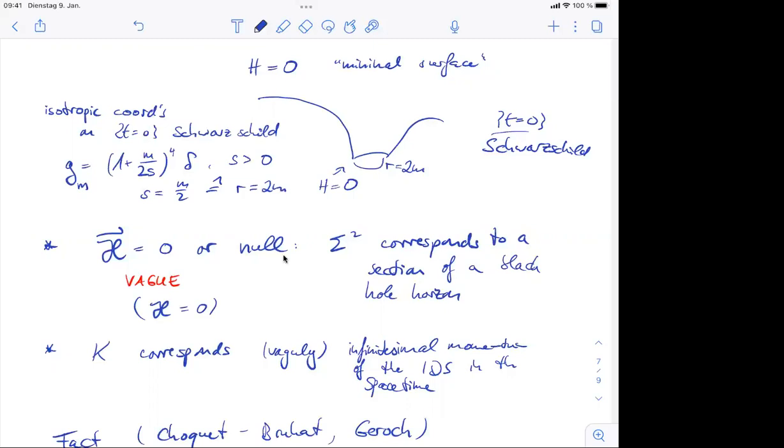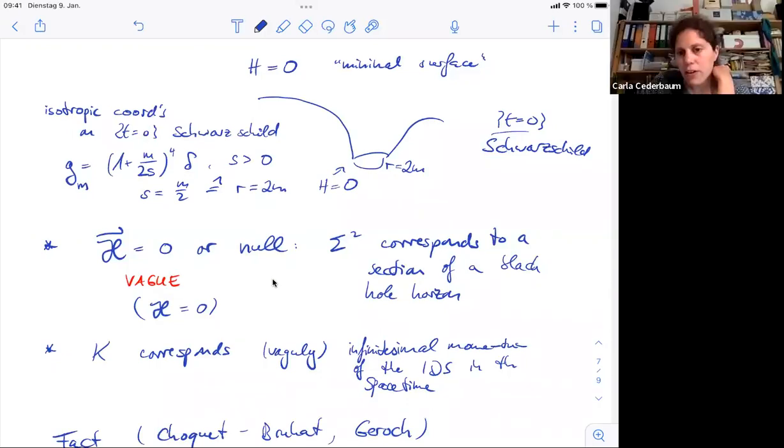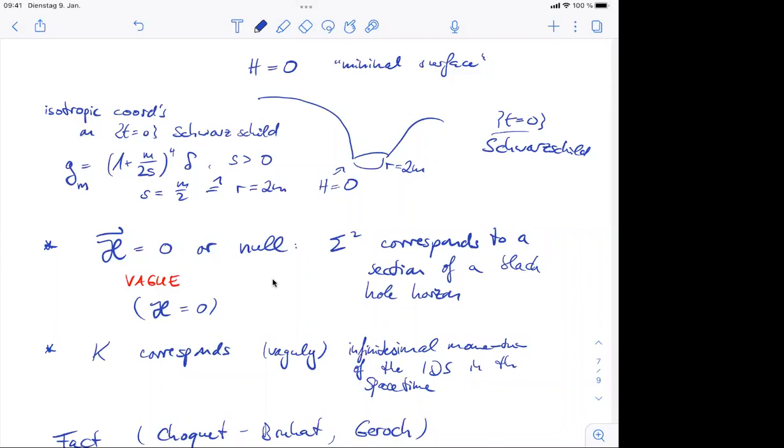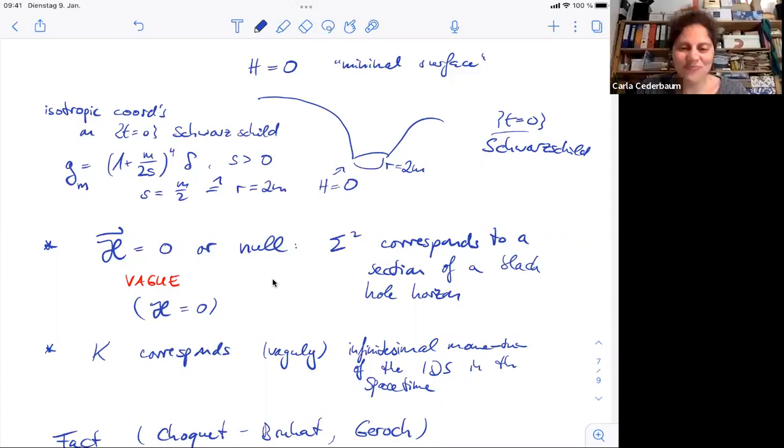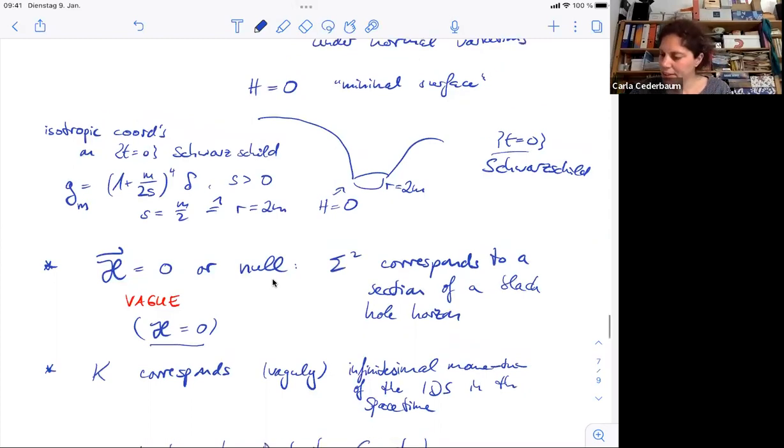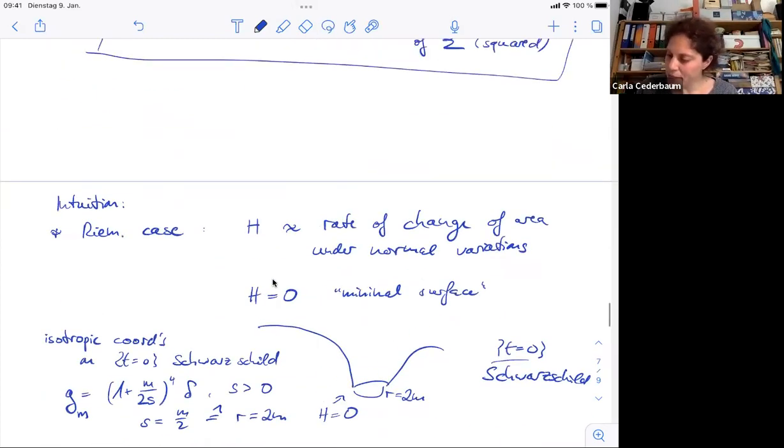Good. Now there's one other further question, which I think was quite pertinent, which was, is the horizon always a minimal surface? So does it always have H equals 0? A black hole horizon? Yes, I think that's what they're asking. No. A horizon always has this, and we call that this vector here had this form.